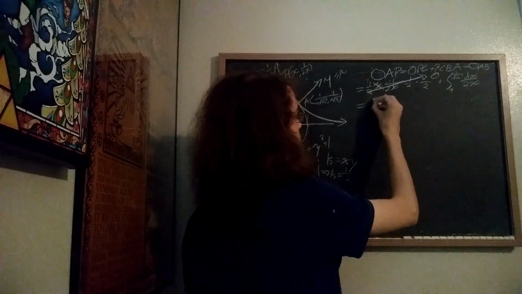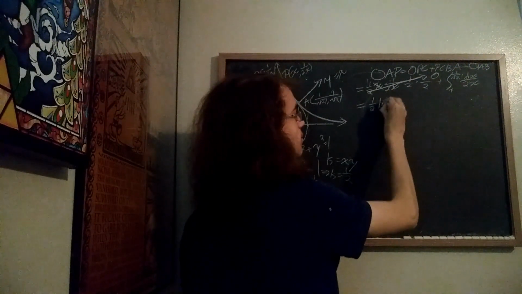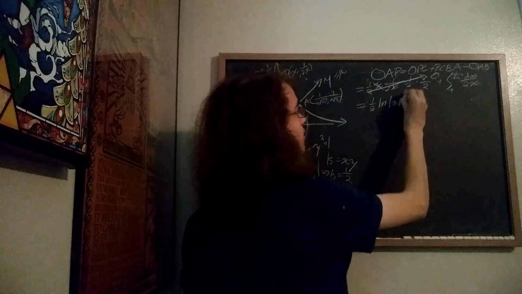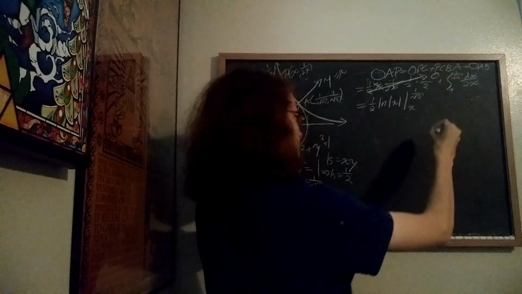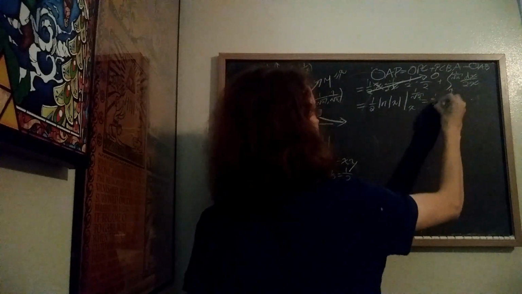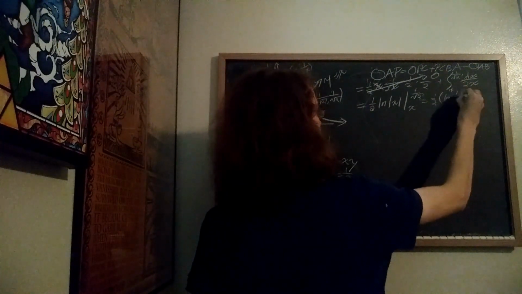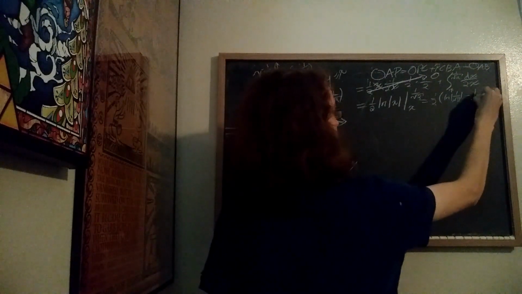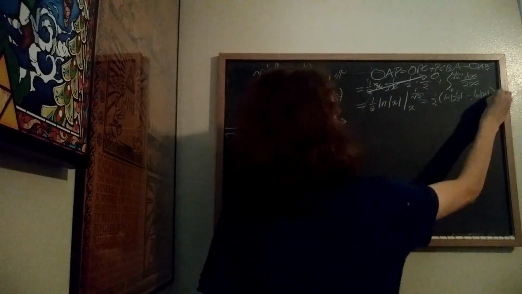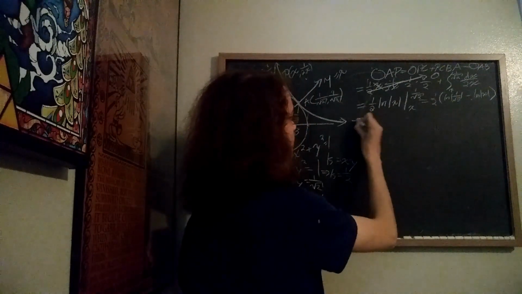This is equal to 1/2 times the natural log of x from 1/√2 to x. And so this is 1/2 times natural log of 1/√2 minus natural log x.